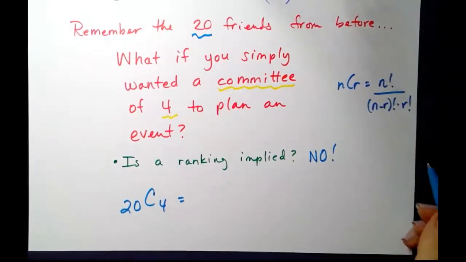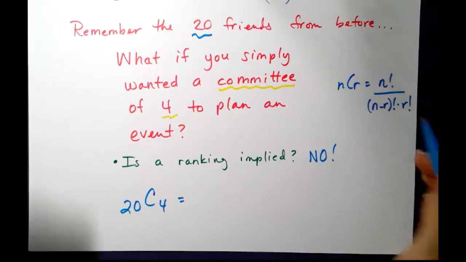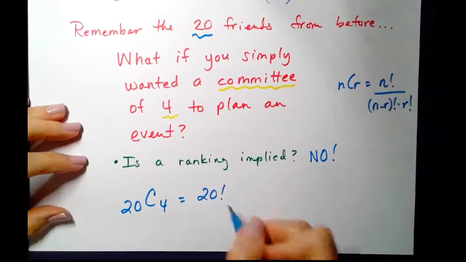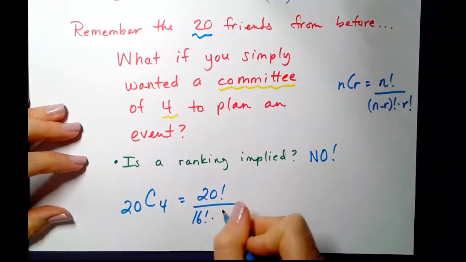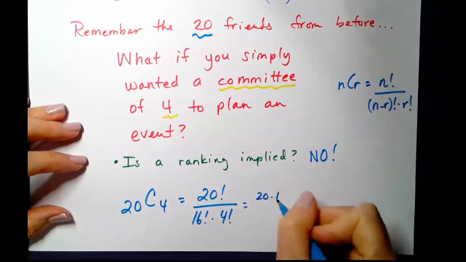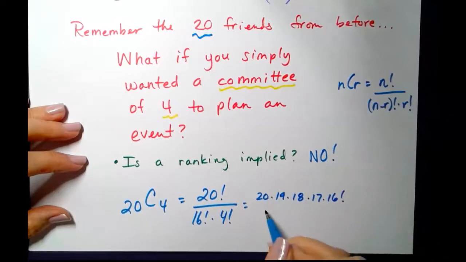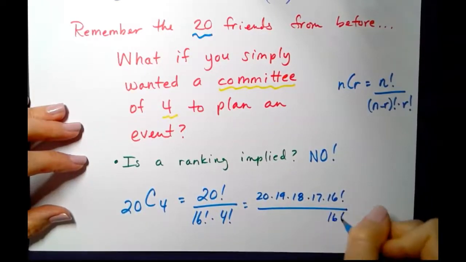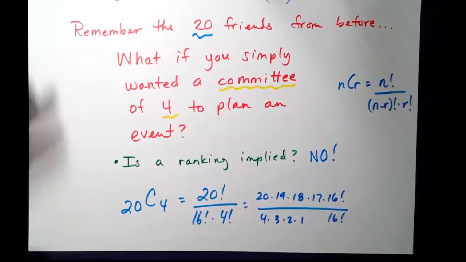So in this case, the number of combinations is limited because we have an extra factor in the denominator. So if we plug this in, we get 20 factorial over 20 minus 4 is 16 factorial times 4 factorial. We can actually work this one out a bit. 20 times 19 times 18 times 17 times 16 factorial over 16 factorial, and then 4 times 3 times 2 times 1.